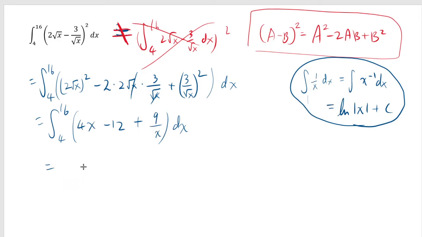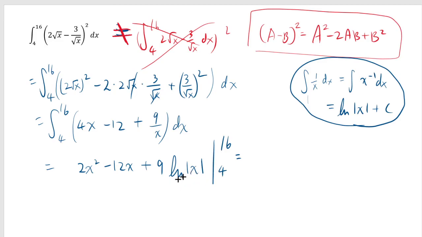So 4x integrates to 2x squared, 12 integrates to 12x, and these you can quickly check. 2x squared, if you differentiate, you get 4x, so of course this is the antiderivative. If you differentiate 12x, you get 12, so that's the antiderivative. And then you have 9 times 1 over x, whose integral is ln of absolute value of x, and then you plug in 16 and 4.